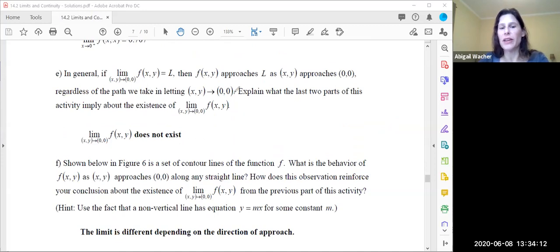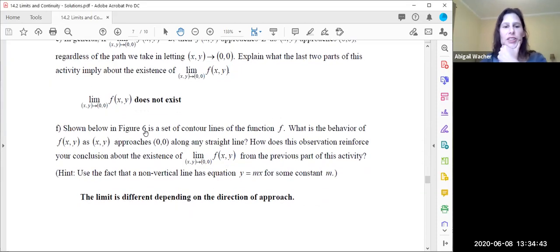Explain what the last two parts of this activity imply about the existence of the limit as x, y goes to 0, 0 of f of x, y. Well, we concluded that the limit does not exist because we found different values depending on which path we approached the point 0, 0 in both functions. All right.